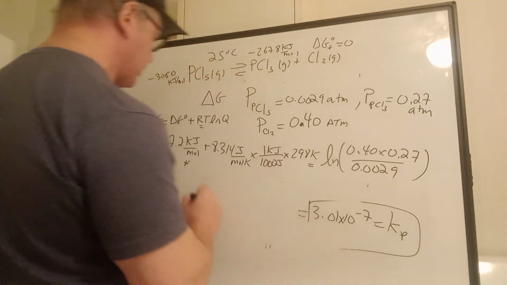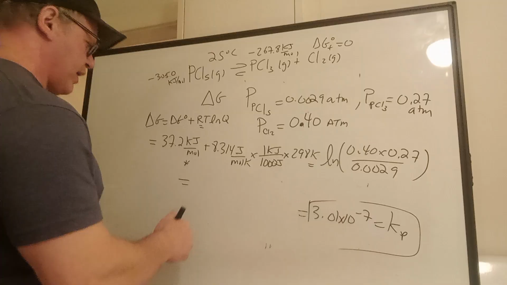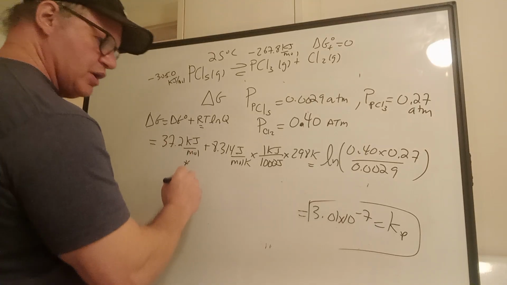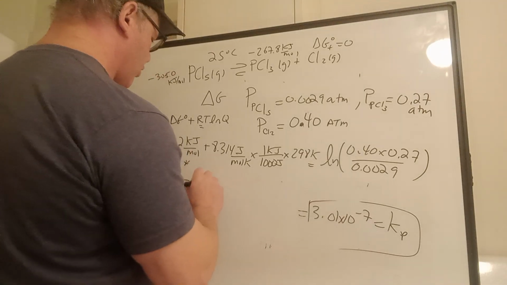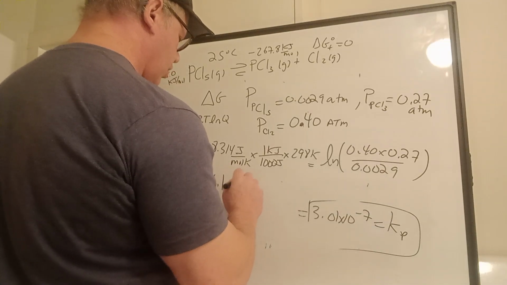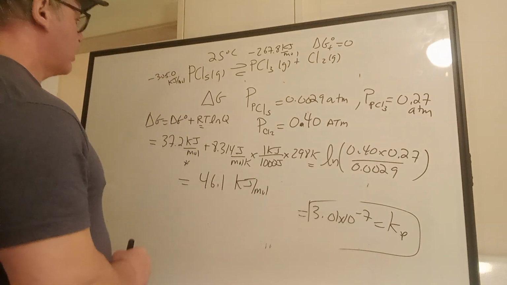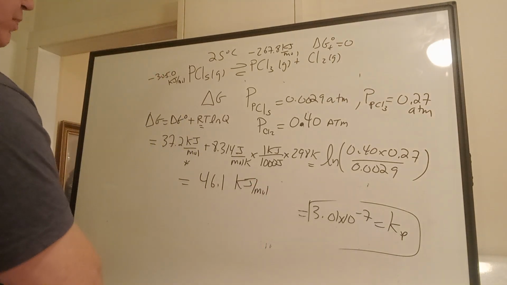So what I got when it was all said and done, you probably want to do that and then plug in the ln and multiply it by the coefficient. You can do it in stages. Confirm that you get 46.1 kilojoules per mole.